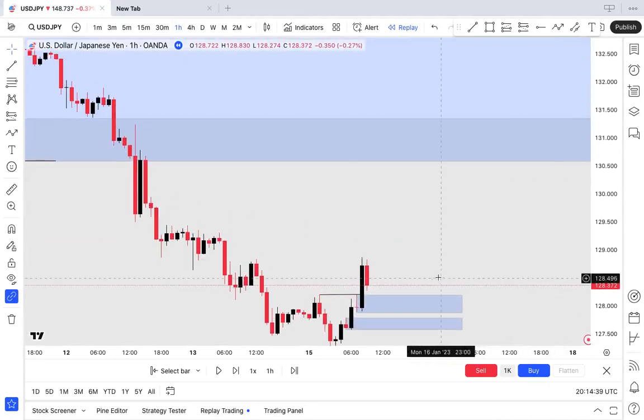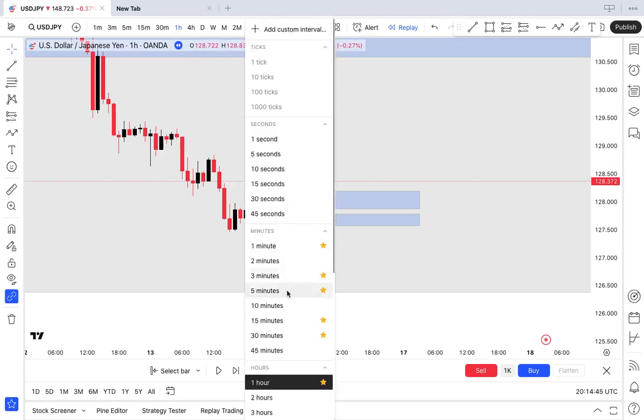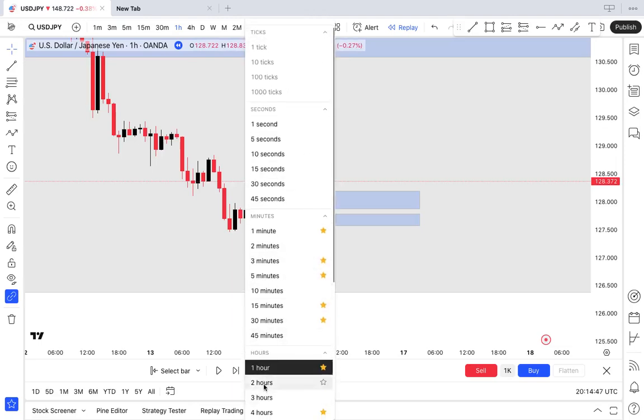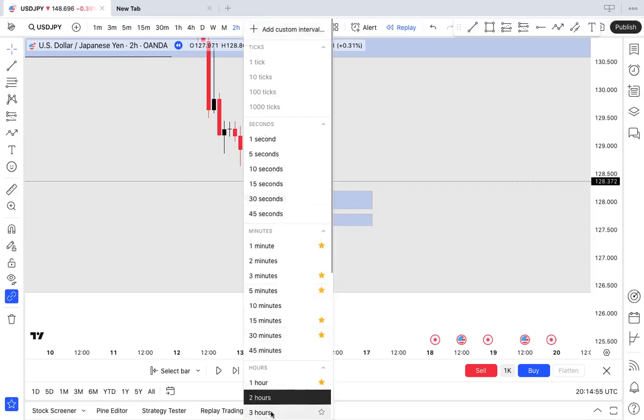So either you can take trades from here or here, because we tried to confirm but nothing much, or we can try to go to 2 hours and see. Both are having overlaps, right? Now we can go to 3 hours.